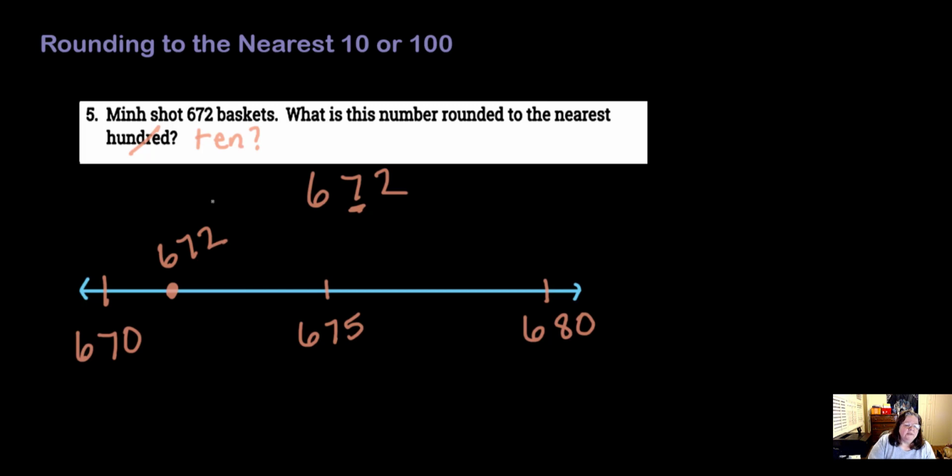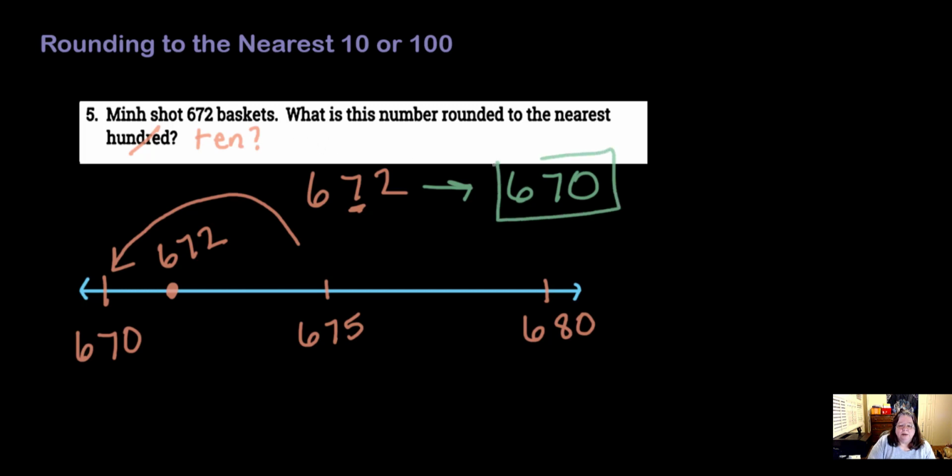So it's definitely on this side because it's lower than 675. So we would round it down to, yes, you've guessed it, 670. So if we rounded this number to the nearest 10, our answer would be 670. All right, thank you for joining me.